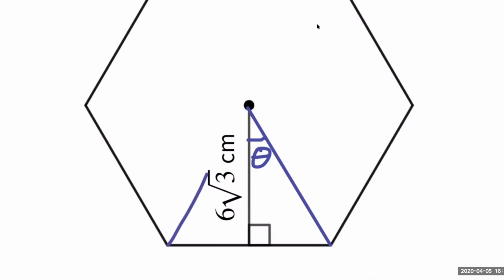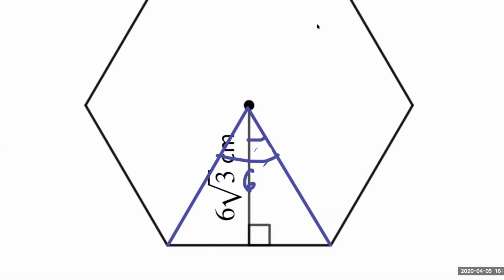Well, if we think about the central angle of this regular hexagon, we said that we could find that by taking 360 and dividing by the number of sides. So this entire angle, if you take 360 divided by 6, is going to be 60. But we know that we have an isosceles triangle, and the apothem is serving as the altitude, which, if you recall, bisects the angle at the vertex. It's going to bisect that central angle.